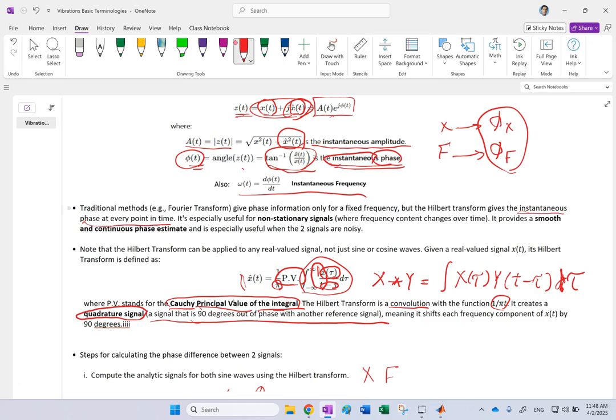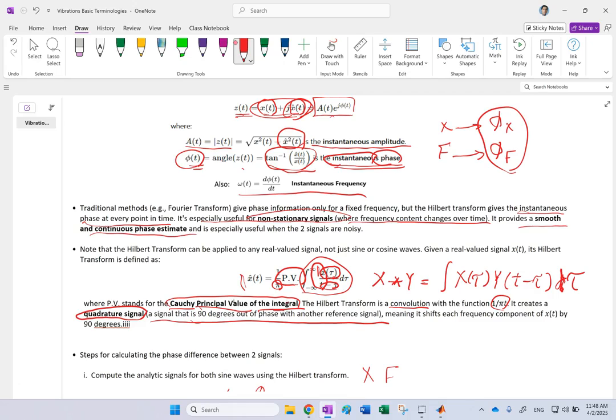And this is really good if your signal is non-stationary. If your phi, omega, or A does change over time, this can capture that. Like the transient response that you had in vibrations, if the phase difference between the signals is changing, this can catch that. And it can give you a smooth and continuous phase estimate.